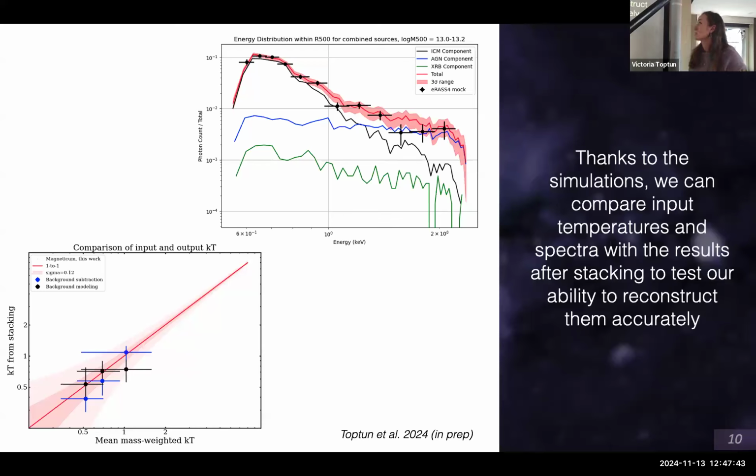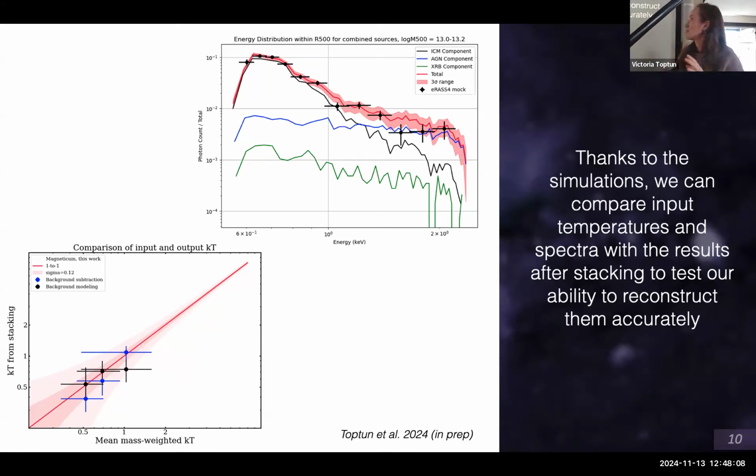And also, I already said that it's really nice to have some simulations to compare input and output and clarify that we can reproduce original properties with our procedure. And here I'm showing the comparison between spectra for mass bin 13.0 to 13.2.